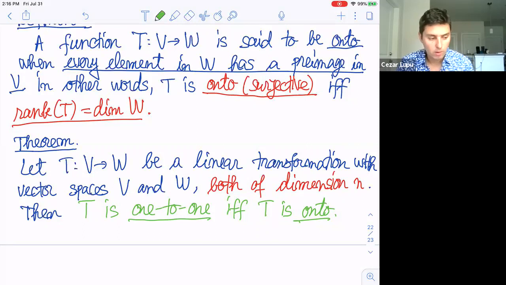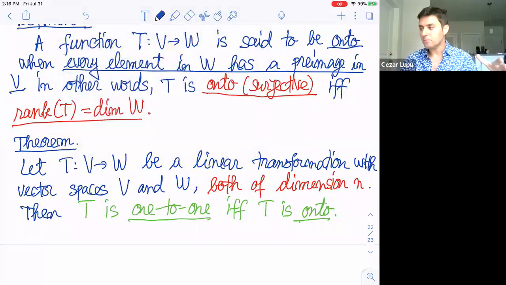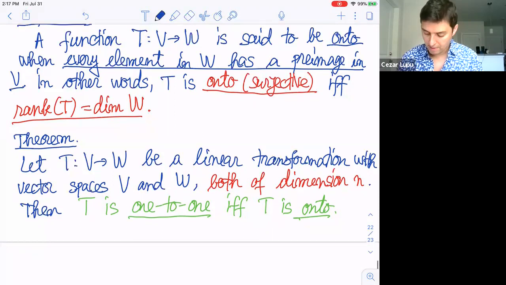And now I want to go a little bit further, because all these notions will be put together at some point when we try to find out and talk about if a linear transformation is invertible or not, or maybe even more, if it is invertible, to try to find the inverse of a linear transformation, just like we found the inverse of a matrix, provided that that matrix is invertible. So we want to do basically the same thing for linear transformations.